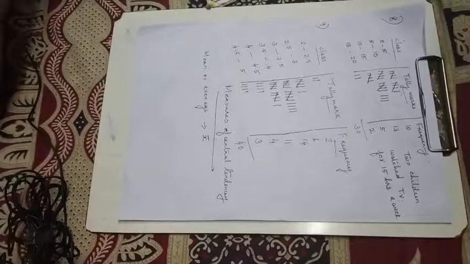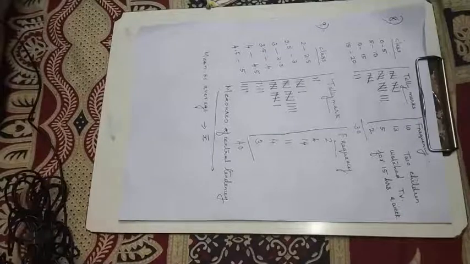Now example 10. Five people were asked about the time in a week they spent in doing social work in their community. They said 10, 7, 13, 20 and 15 hours respectively. Find the mean time in a week devoted by them for social work.